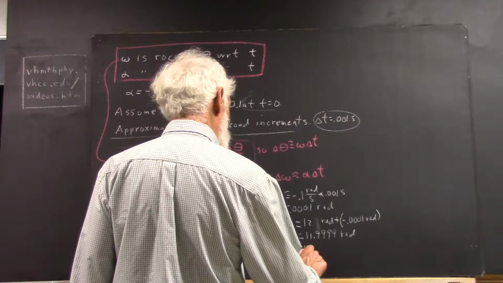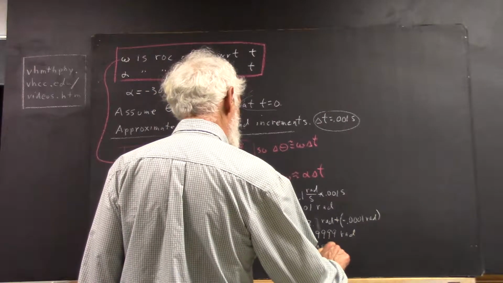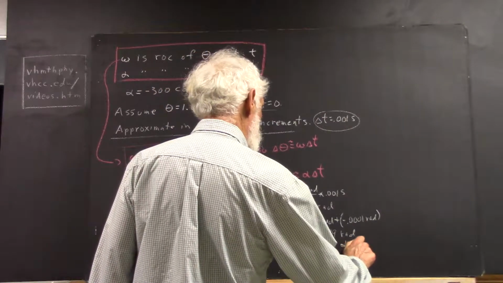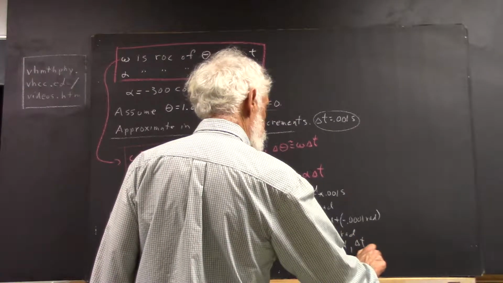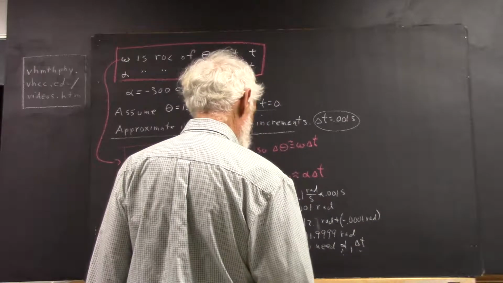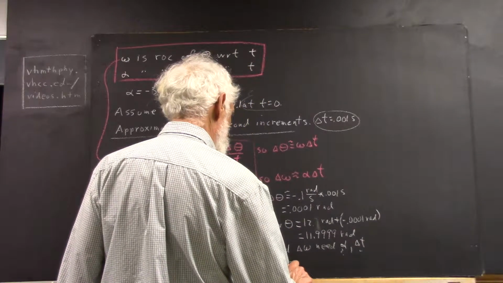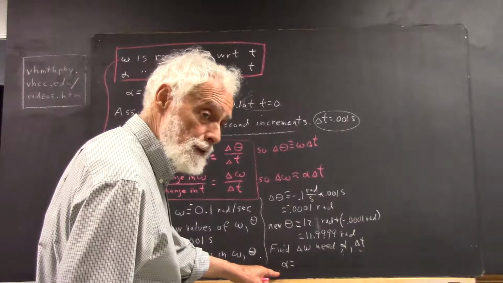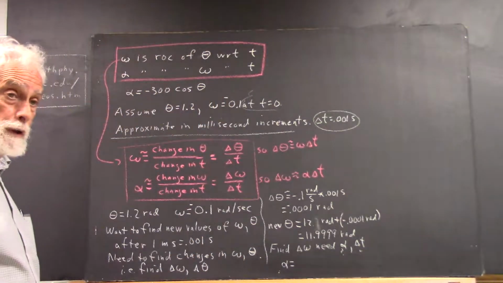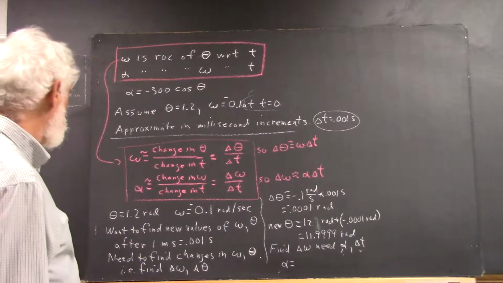So to find delta omega, we need alpha and delta t. Well, we're okay with delta t, but what about alpha? Well, we don't have it. Okay, what are we going to do? Look around. What do you see?